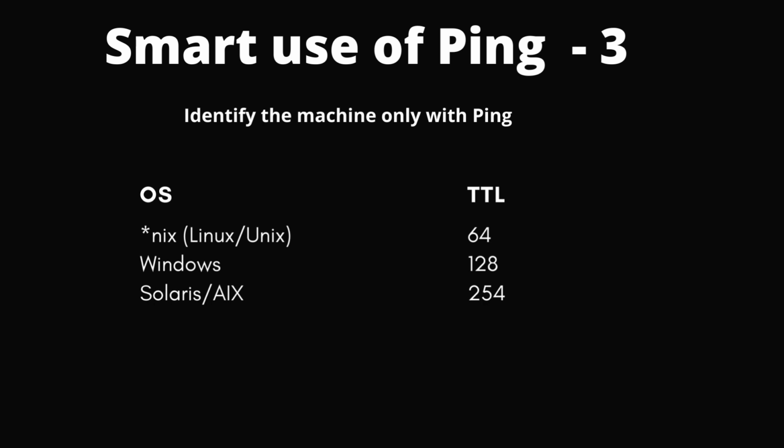Even in Windows there are 64-bit, 32-bit, and some latest Windows 8, Windows 9, 11. So they may change, but once it's configured, once there is a server having a TTL value of 128, that remains the same, right? As 128, unless the server gets changed. So you are easily able to identify.